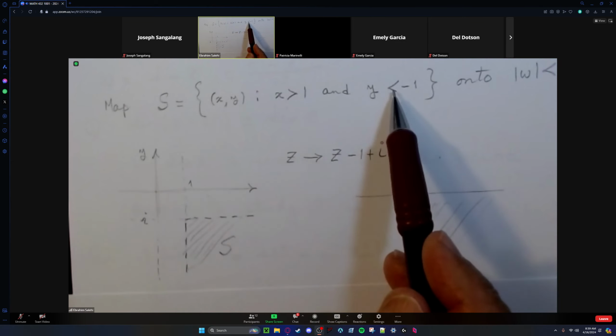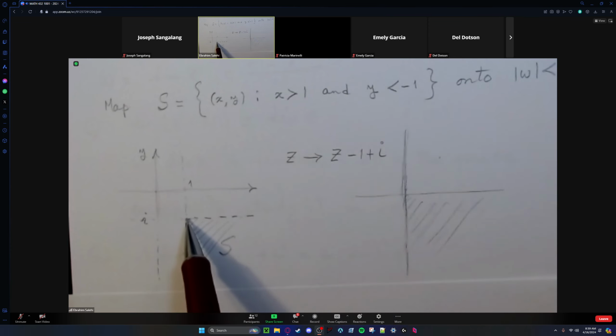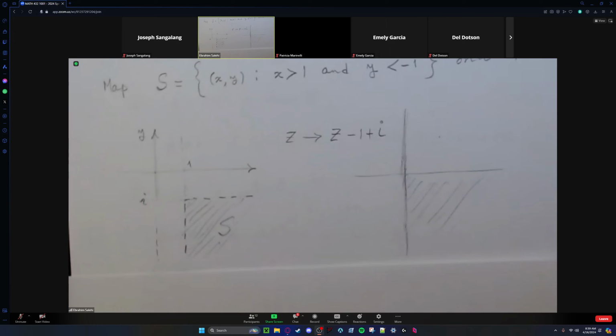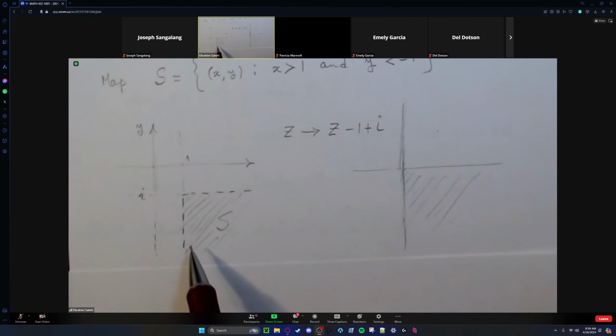And y is less than negative 1. Here is negative 1. So this is S. And we want to map this into that unit disk.